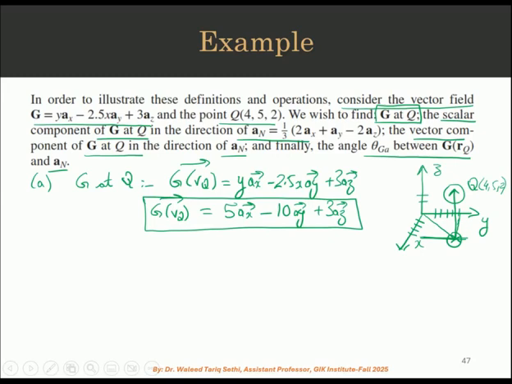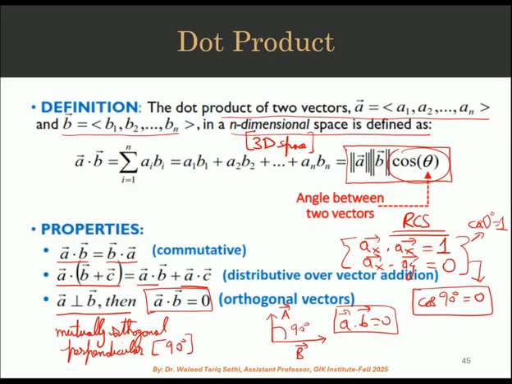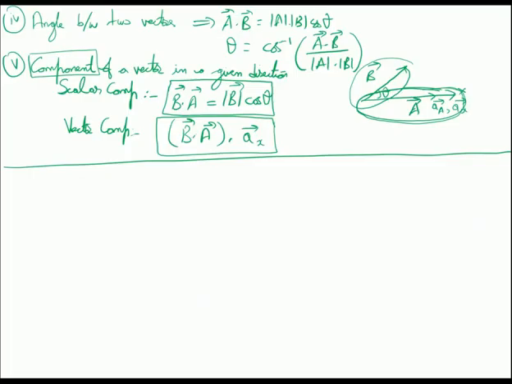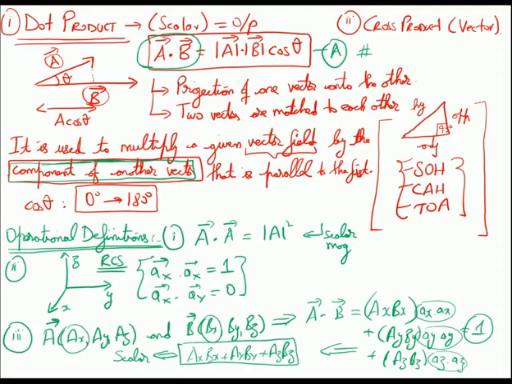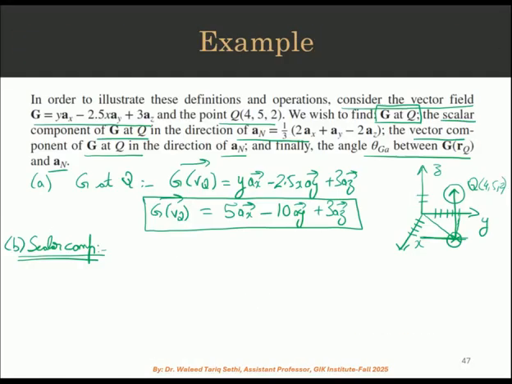Now the next thing we want to find is the scalar component. In order to find the scalar component, we go back to the original equation, equation A. We need to do the dot product of A with the second component of a vector. In this example, the vector is G and we want to do the cross product with A of n, or sorry, the dot product with A of n.